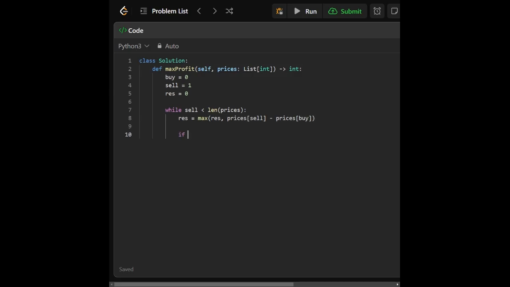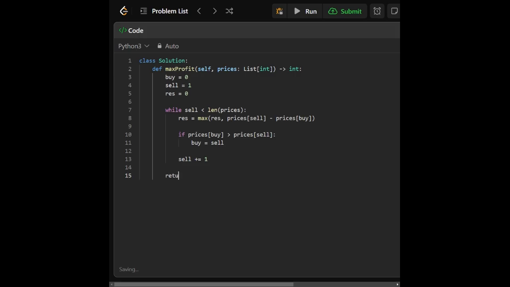But if the price at sell is smaller than the price at buy, we want to replace the buy pointer because we want to try to keep the smallest buy value we can so we can increase our profit. And then sell just gets incremented at every iteration by 1.